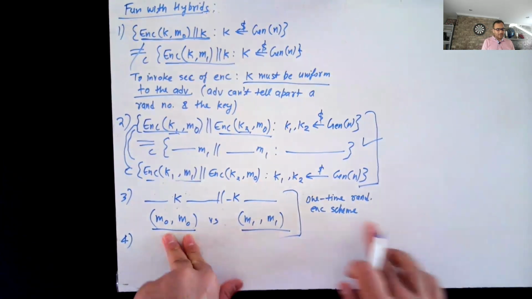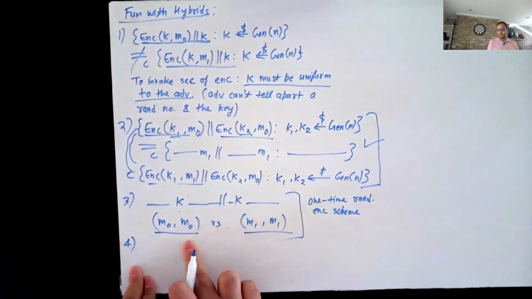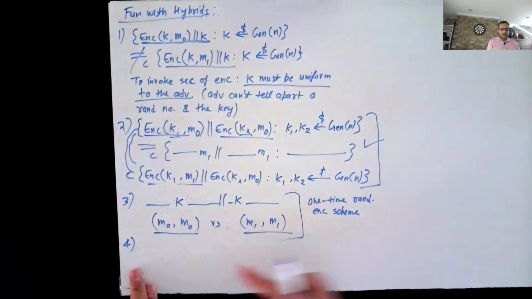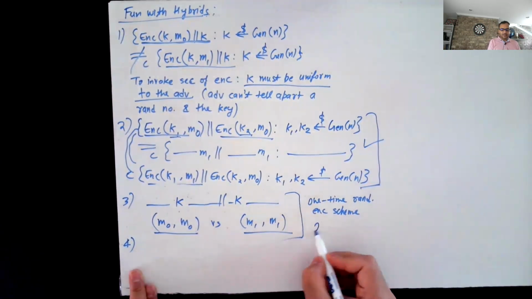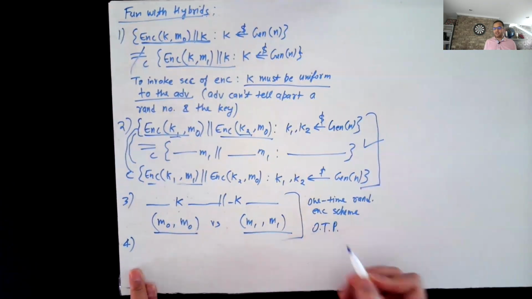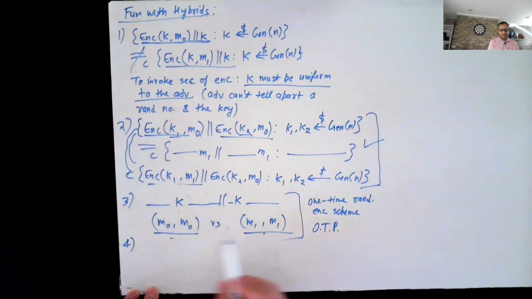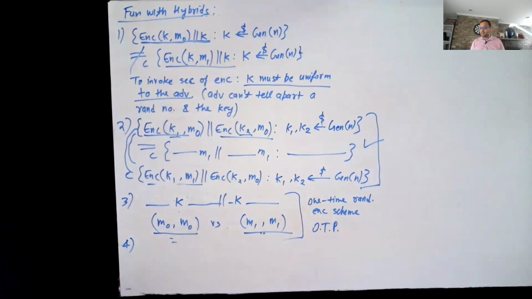Because if it is randomized, you will get two different ciphertexts here, and maybe you put these two ciphertexts together, you can recover some information about the message directly. But if you use, let's say, one-time pad or any deterministic or stateless scheme, then you are right that you cannot tell apart these two. So maybe this was not such a good example.